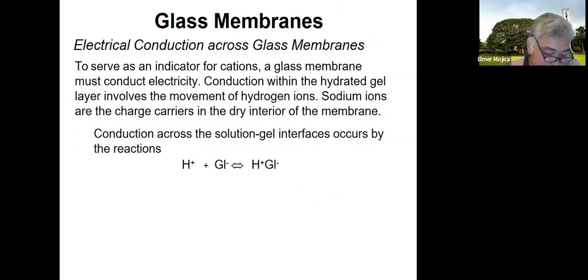Now, if you're going to look at what we call the electrical conduction across the glass membrane. For the glass membrane to serve as an indicator for cations, it must conduct electricity. The conduction within the hydrated gel layer involves the movement of the hydrogen ions. Usually the sodium ions are the charge carriers in the dry interior of the membrane.